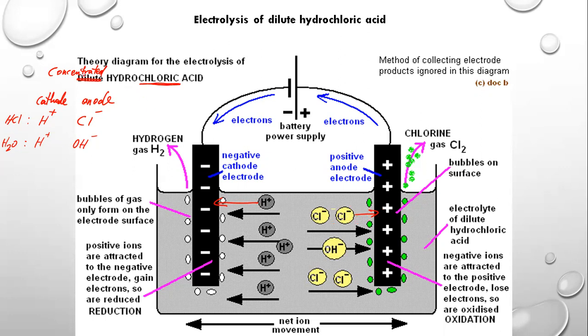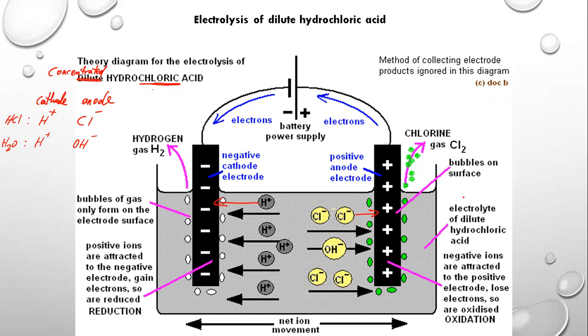For any other solution, the product at the anode will be oxygen. The hydroxide ion will move to the anode and release oxygen. So only for concentrated solutions of the halide, you would get chlorine forming at the anode. And this is exactly what happened there.